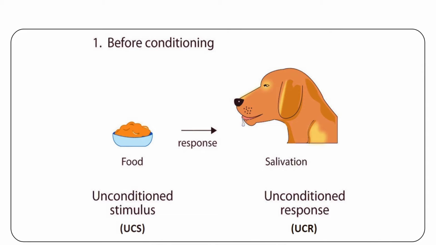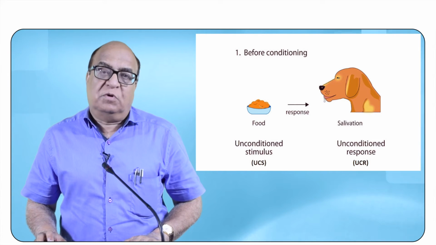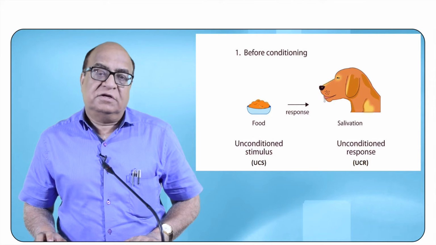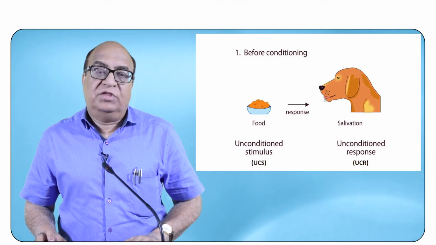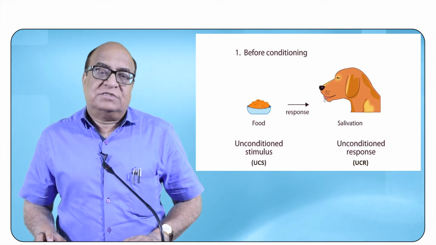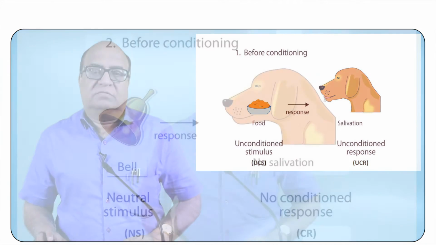In basic terms, this means that a stimulus in the environment, that is food, has produced a behavior or response which is unlearned, that is unconditioned, and therefore is a natural response, that is salivating, which has not been taught.